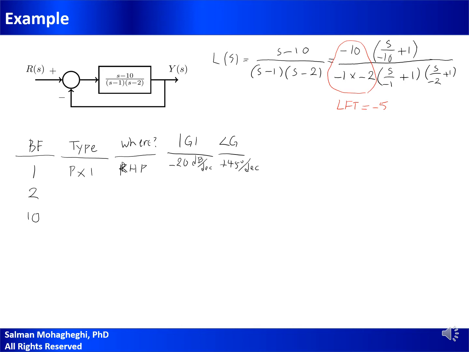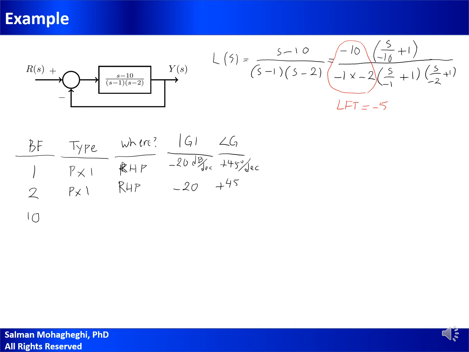Remember that when you have a pole in the right half plane, the slope of the phase angle is going to be positive. For 2, we have a similar fashion: a first order pole, one pole, right half plane, -20, +45.